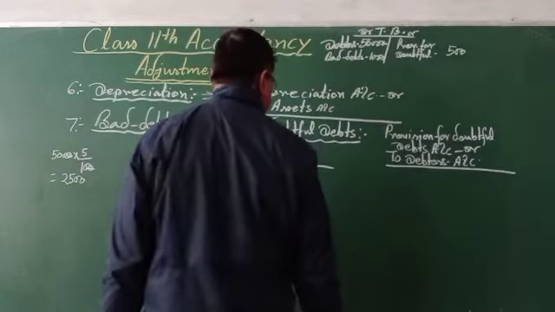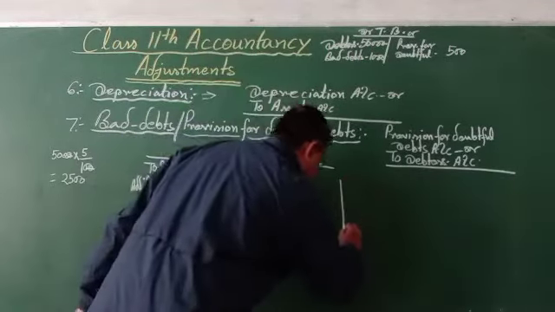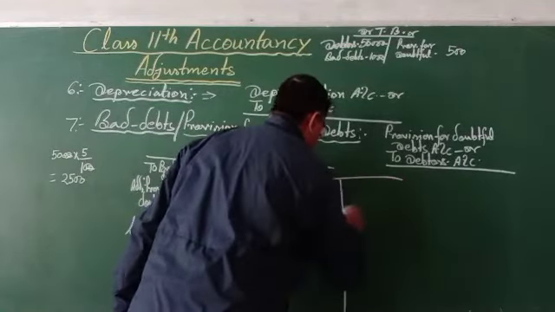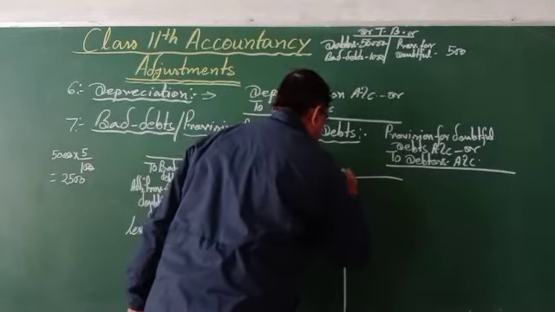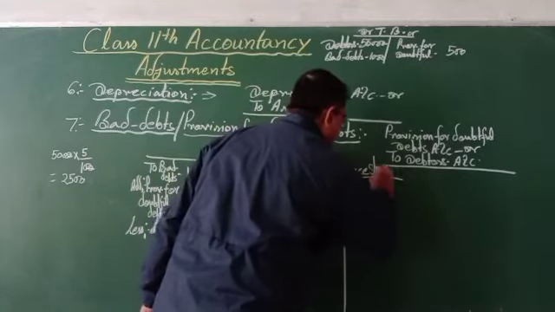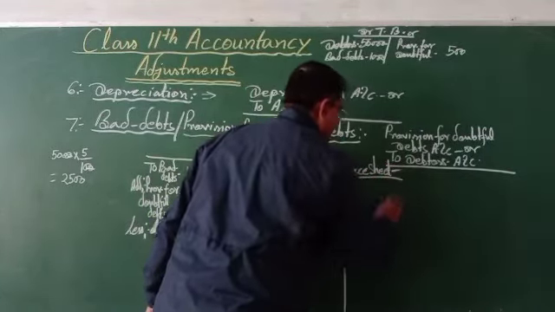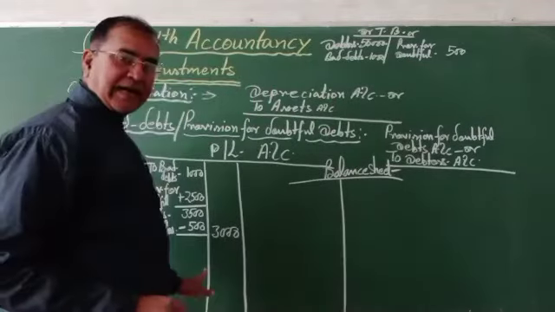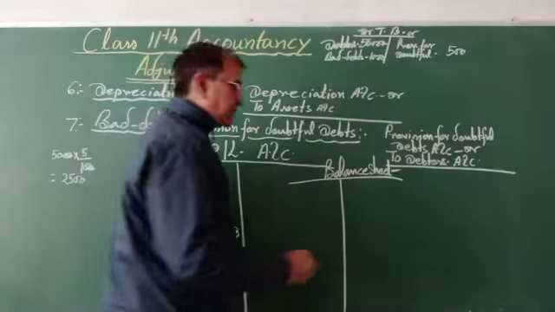And in the balance sheet, in the assets column, this one is the profit and loss account, this one is the balance sheet.